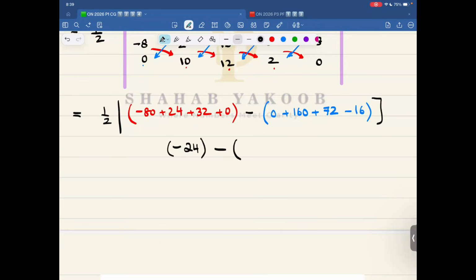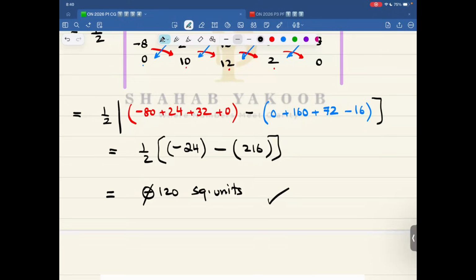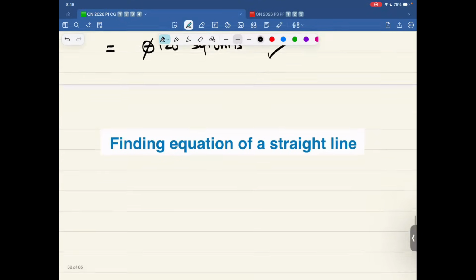Minus 160 plus 72 minus 16, that comes out to be 216. So 216 and 24 will be added together. That's 240. So half of 240 comes out to be negative 120 square units. Just ignore the negative sign, discard it, and that is the answer. So this thing is done.